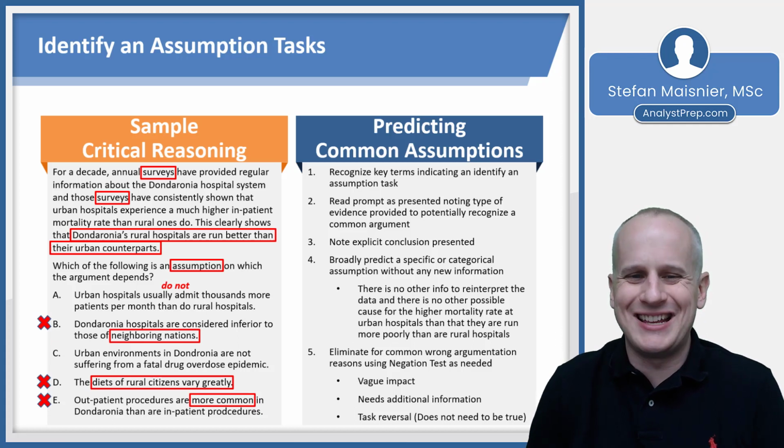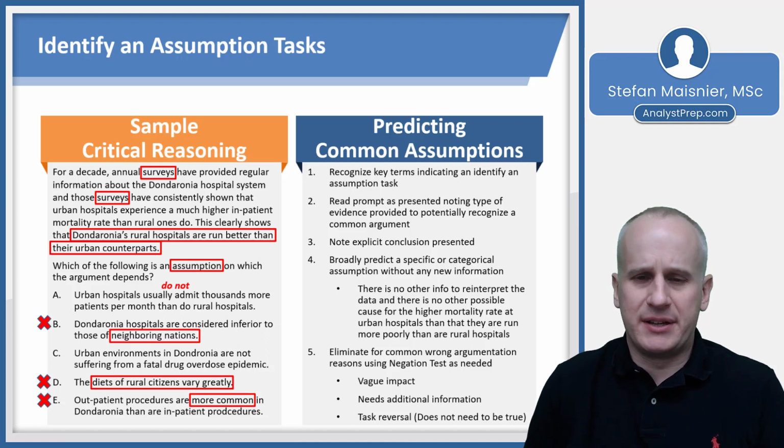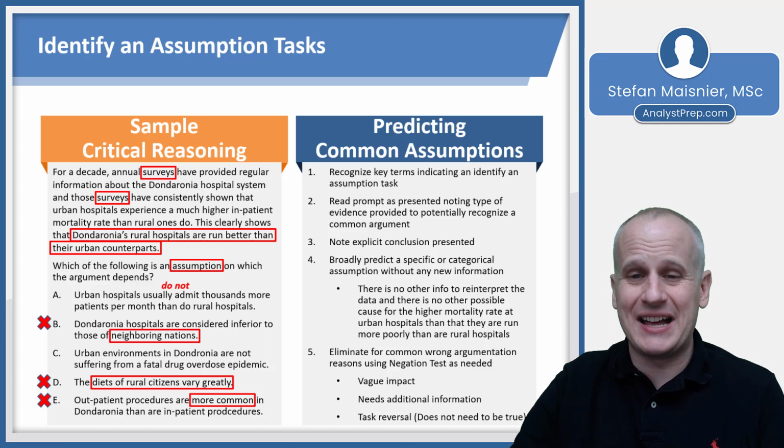But when we apply the negation, it should be clear that this is not necessary because the rural hospitals could be run better than the urban ones based on the evidence provided without the urban hospitals admitting thousands more patients per month. So this is what we would call a negated no impact. It does not affect our argument whatsoever, so we can eliminate choice A.